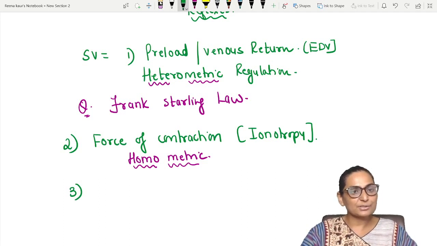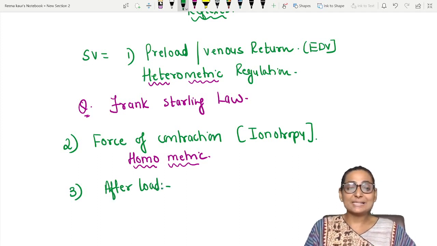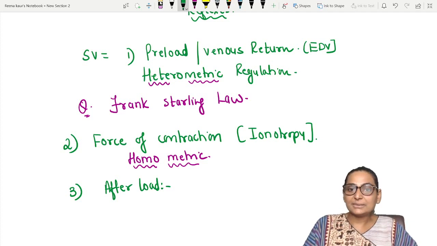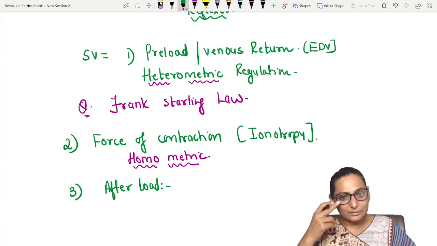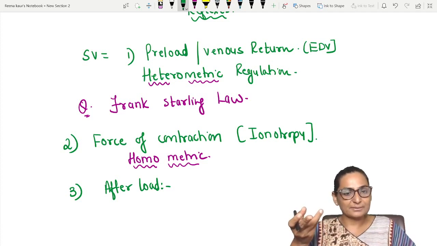The third very important factor that affects the stroke volume is afterload. How do you define afterload in skeletal muscle? It is the load after the muscle begins to contract, isn't it?